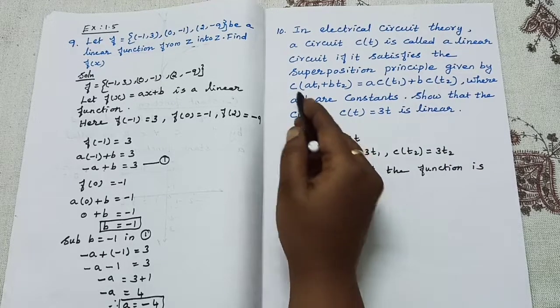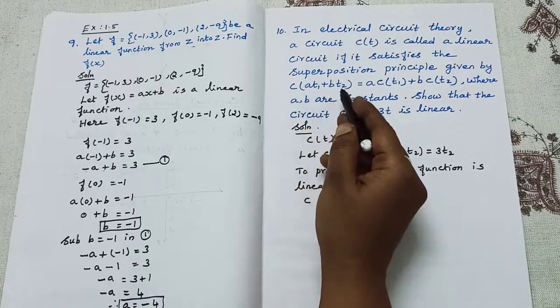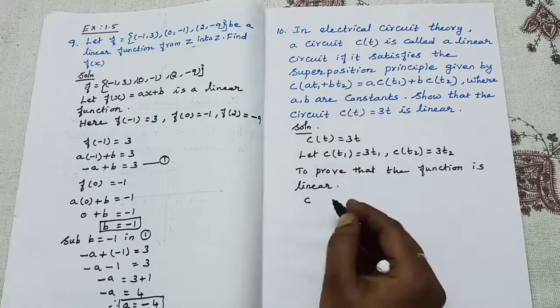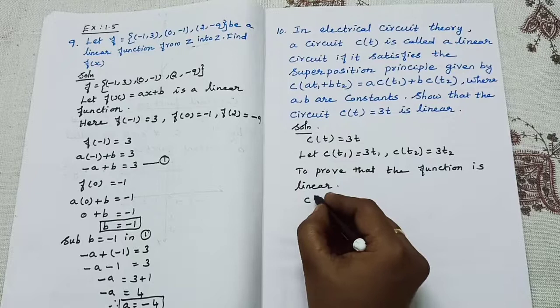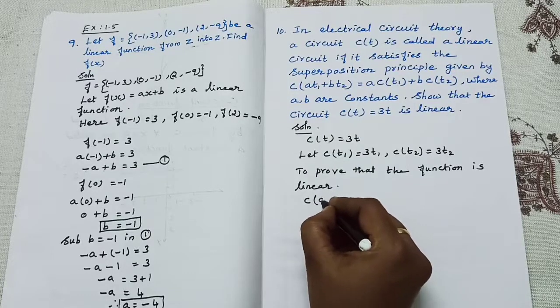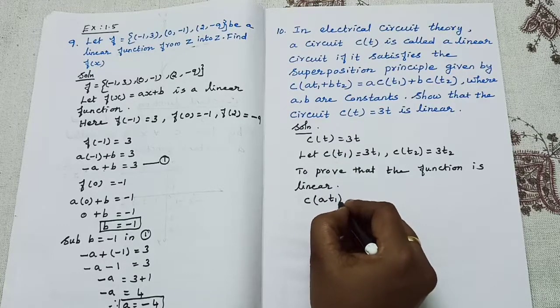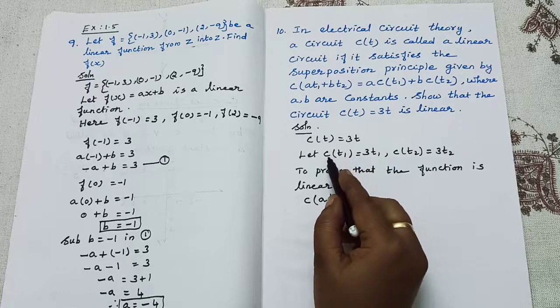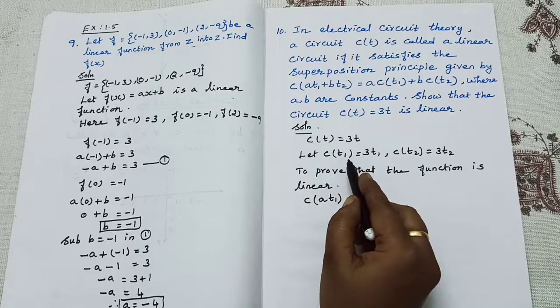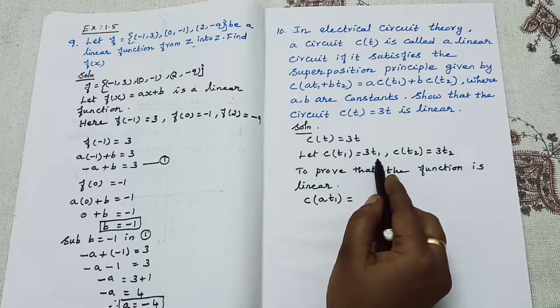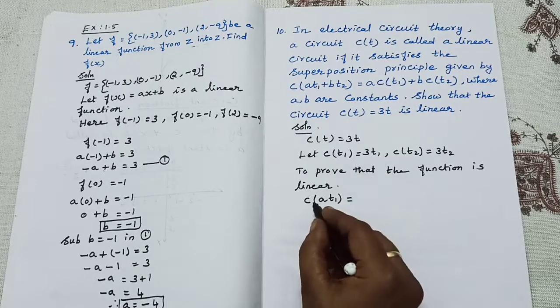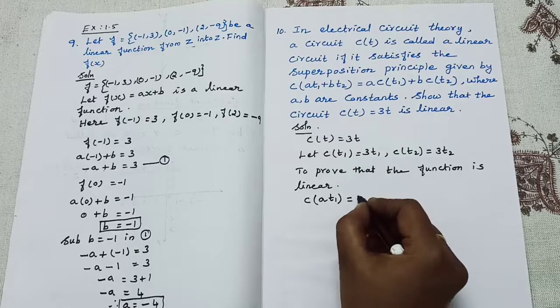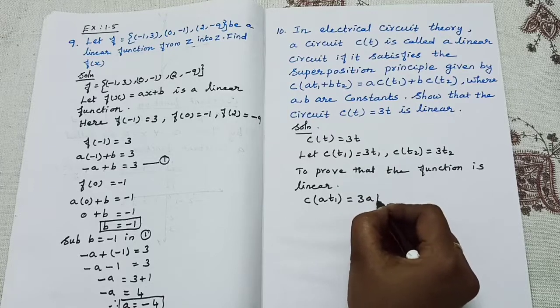Sorry, on the left hand side, what is given? C of A T1 and B T2, isn't it? So we have to take this one. C of A T1: if you substitute C of t equal to 3t, here C of A T1 means 3A T1.